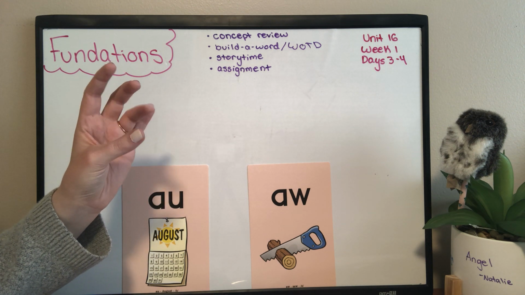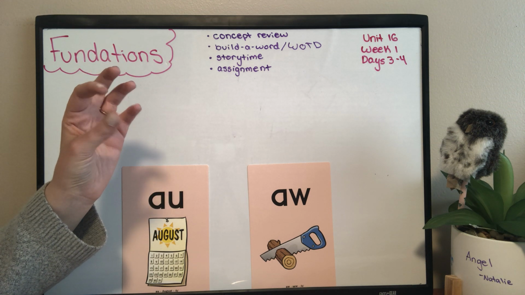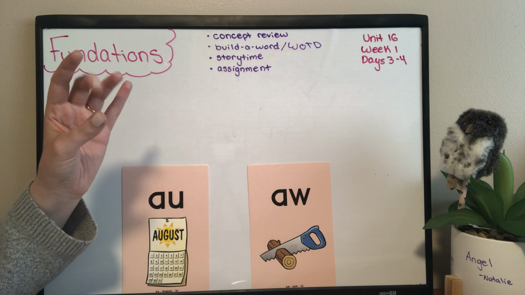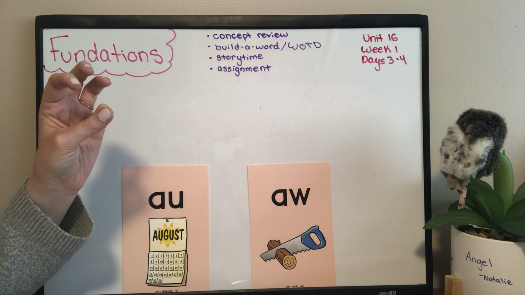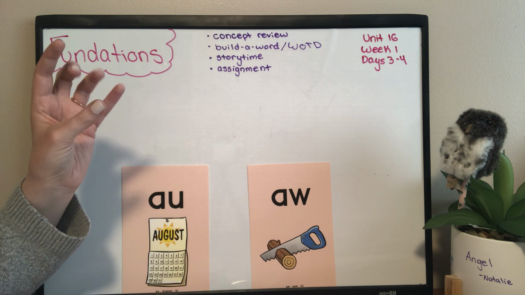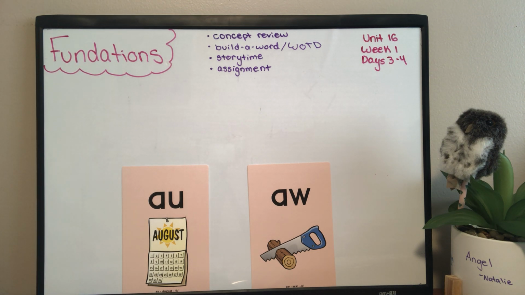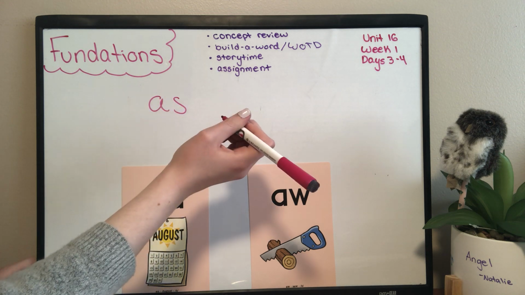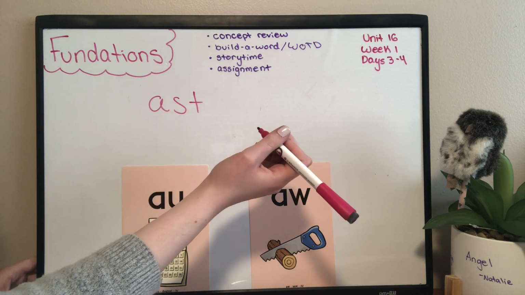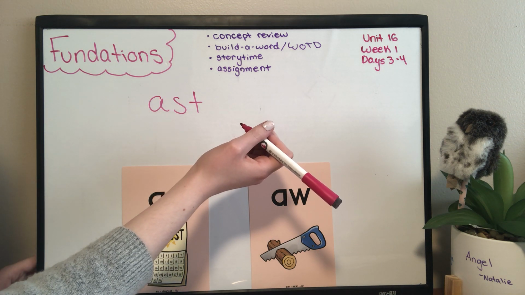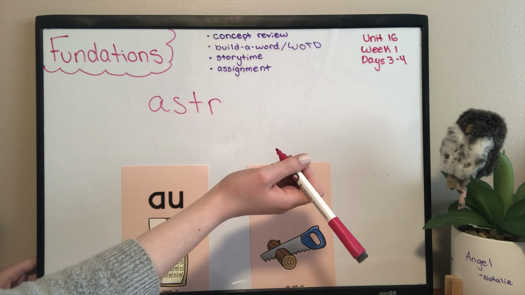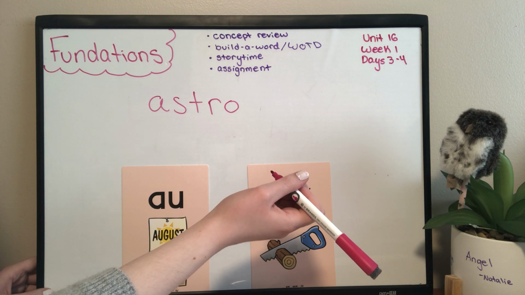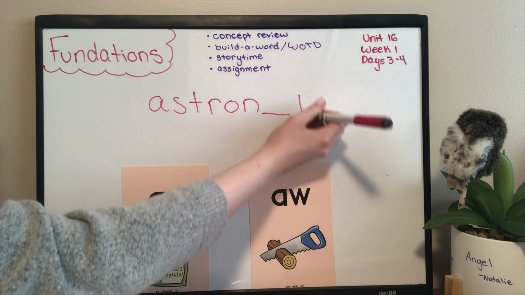A, s, t, r, o, aw, t. Astronaut. It's not an sound, it's just an R. Then we have an open O, N. Then we have our double vowel team here, and then a T at the end.